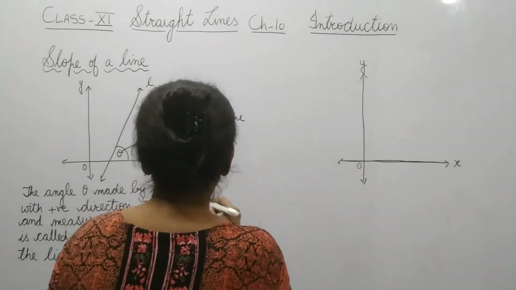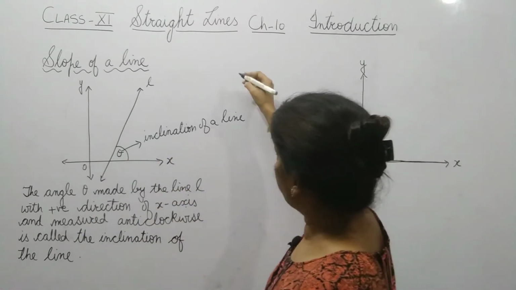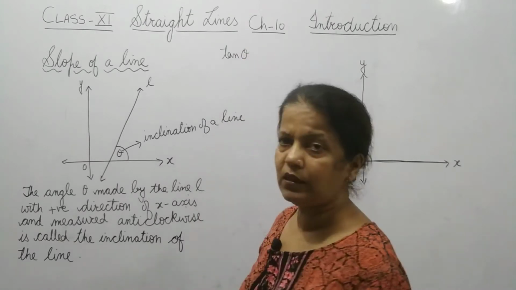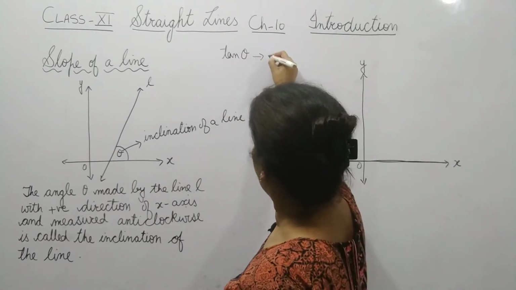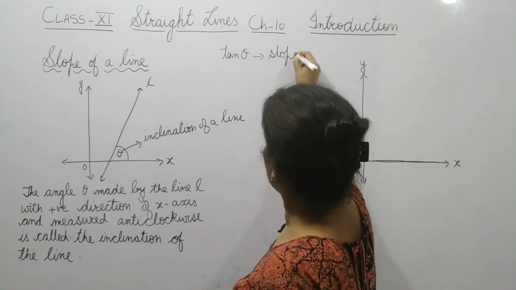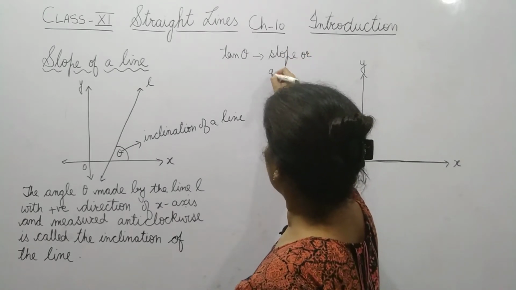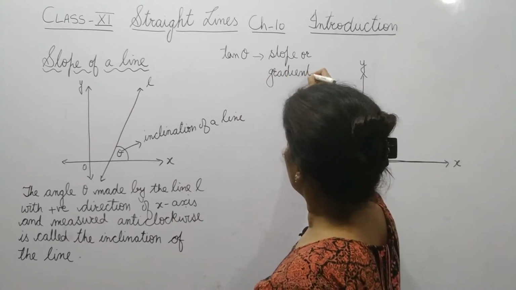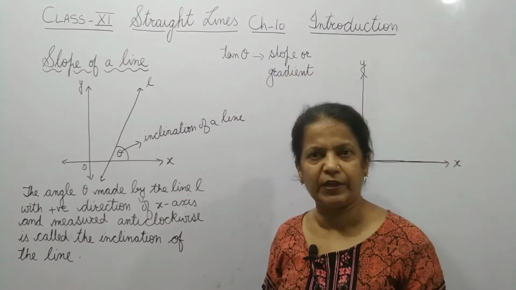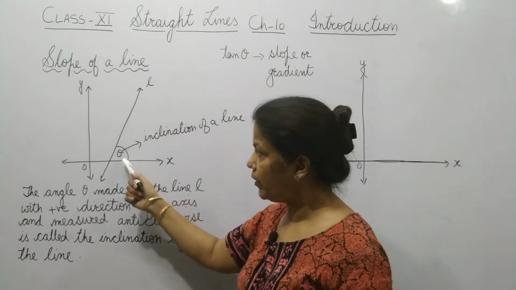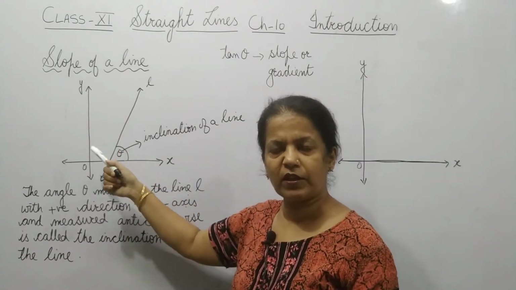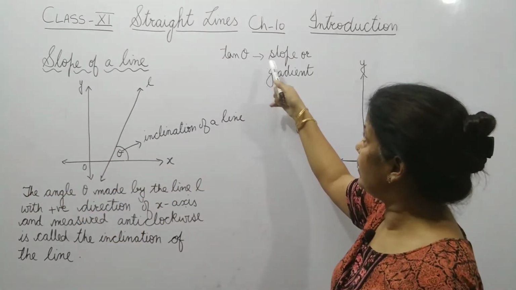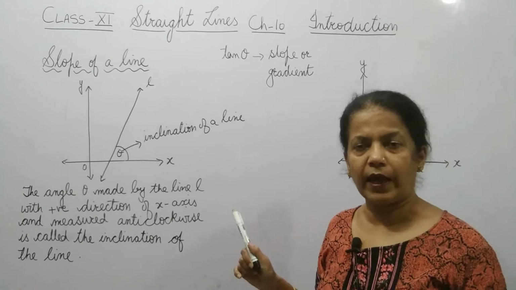Now, if theta is the inclination of the line, then tan theta is the slope of a line, or we can call it the gradient also. Gradient, slope of a line or gradient of a line. So theta we get from the positive x-axis, anti-clockwise, and then tan theta is the slope of a line.